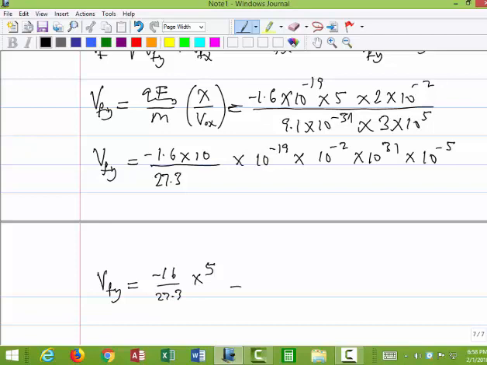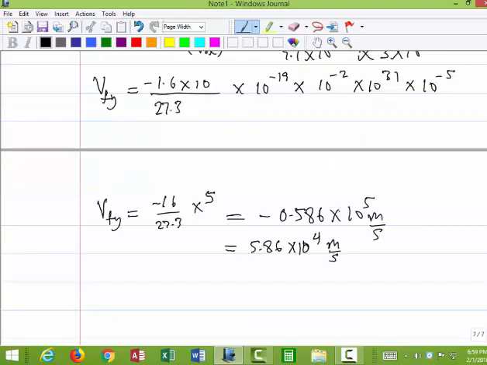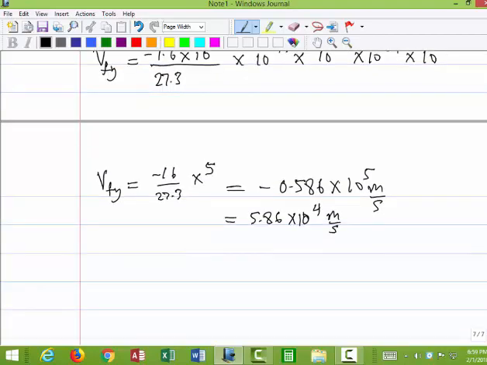So what is 16 over 27.3? Your speed there will be 5.86 times 10 to the power 4 meters per second. So that's our Y speed. Now we can calculate the total speed V as the square root of V final y squared plus V final x squared.